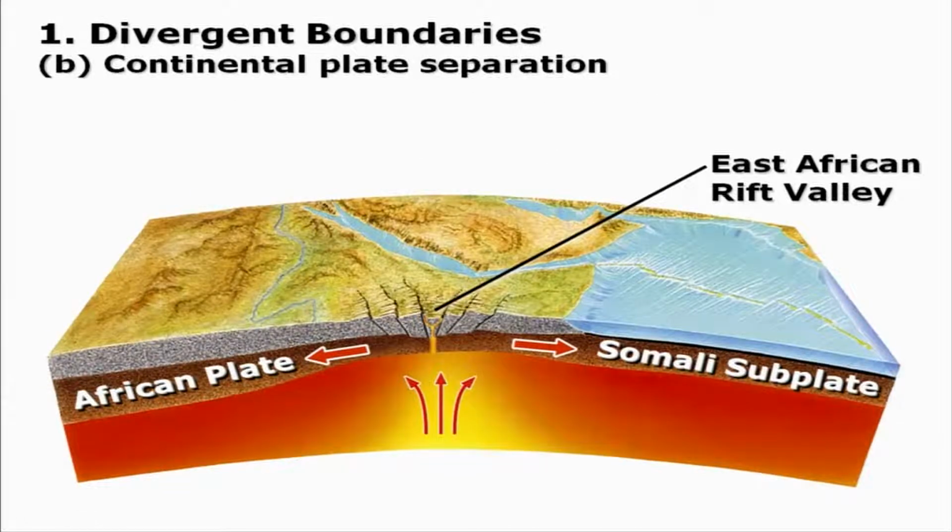Then we have divergent plate boundaries where two plates are moving away from one another, as we see in the case of the East African Rift Valley, and one example we discussed was the current separation and the formation of a huge wide crack in the East African Valley, which is a clear-cut example of the splitting up of the island.